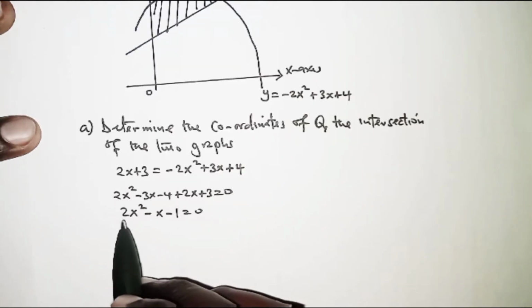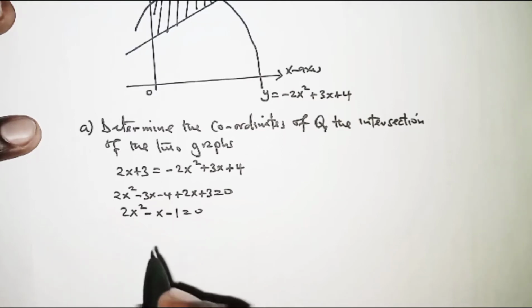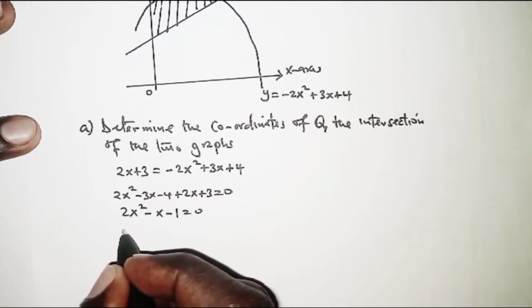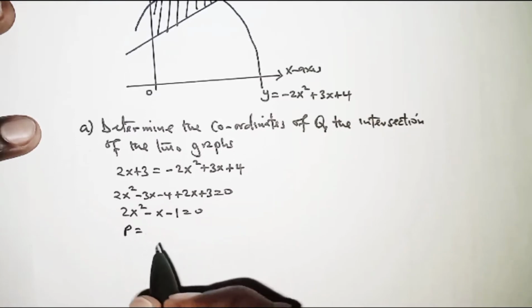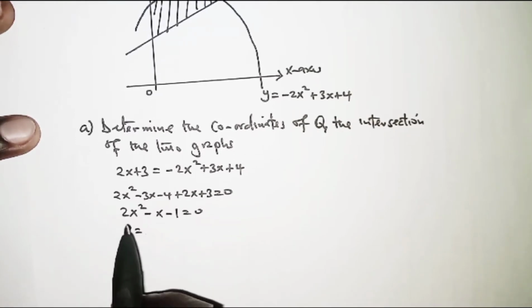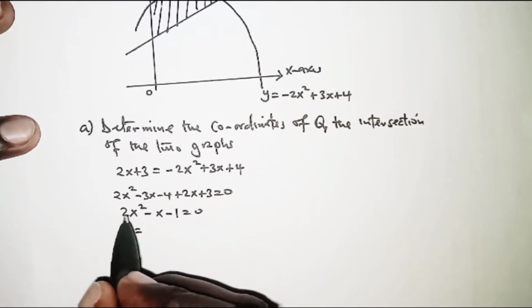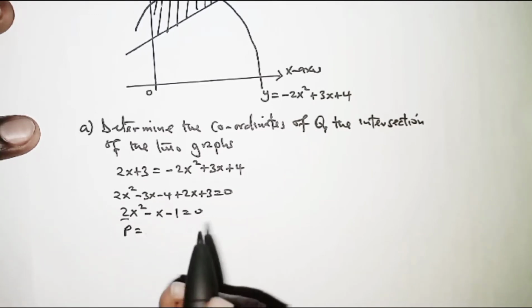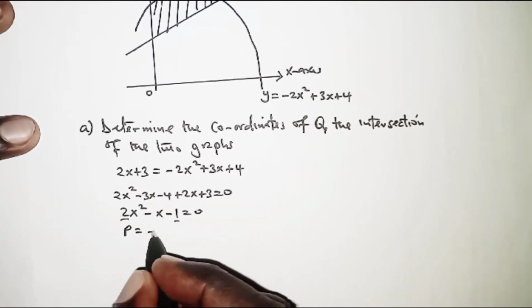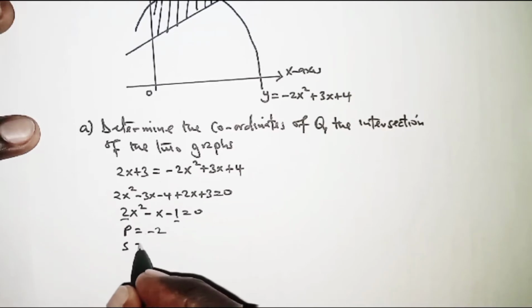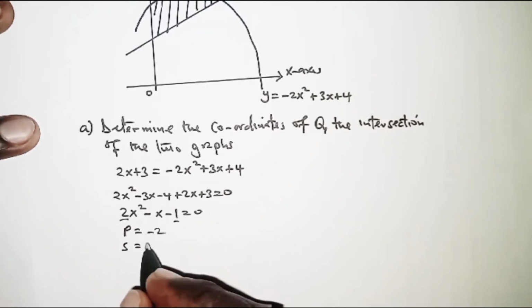We will solve for x in this quadratic equation by the factor method, and therefore we look for two factors such that the product is equal to the product of 2, the coefficient of x squared, and the constant term, so that is negative 2. And the sum should be the coefficient of x, which is negative 1.